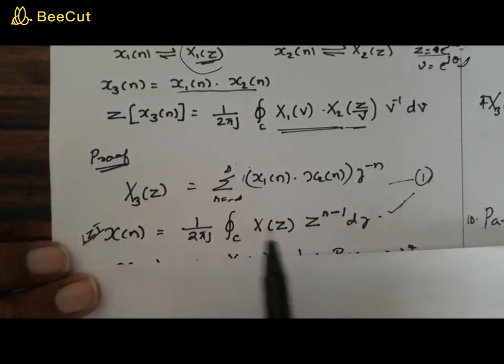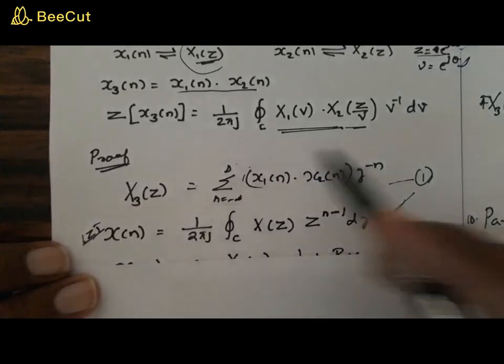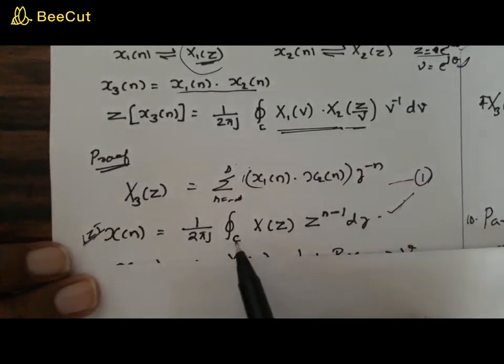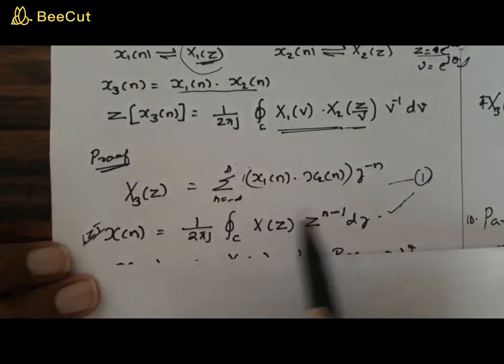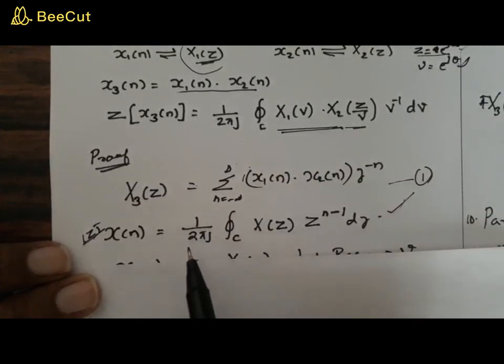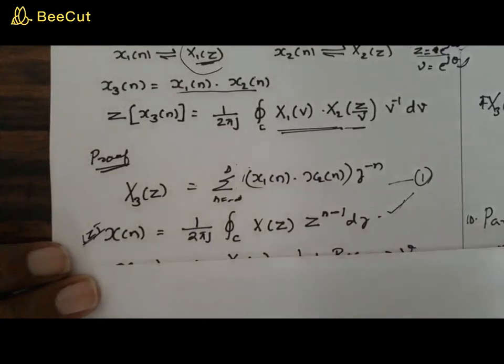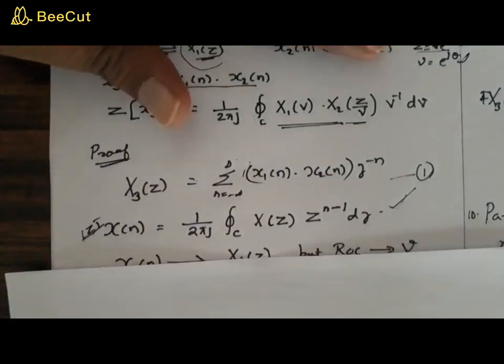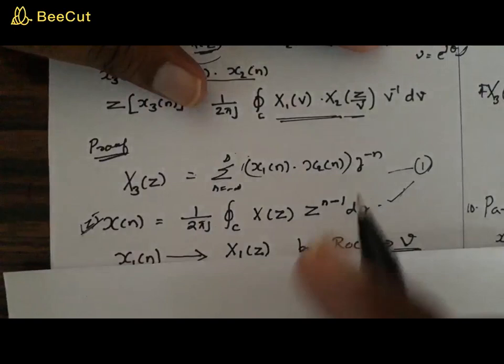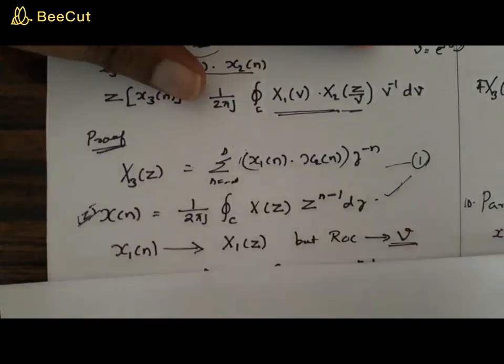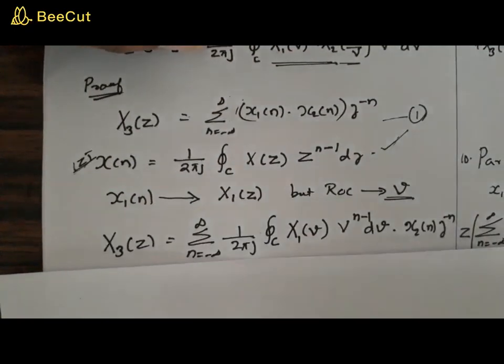Contour integration refers to a closed path, and over that closed path an integration is performed, and that is a complex integration into 1 by 2 pi j. Okay, now we are making use of this equation for x1 of n. Now let's see what it is.